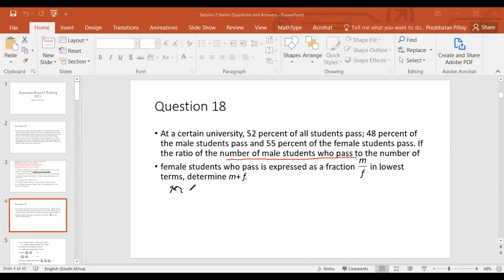So capital M is equal to the number of passing male students. And likewise, we'll let capital F be equal to the number of passing female students.